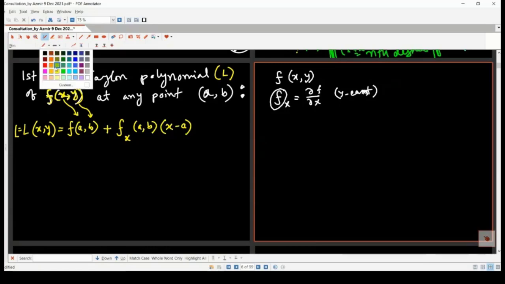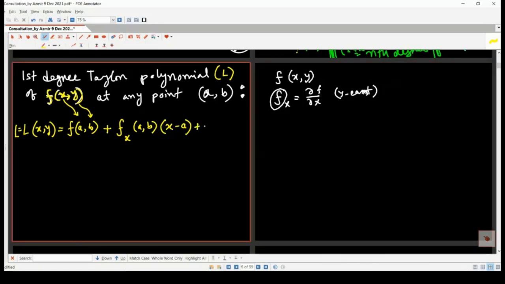Now have a look on the next term. The next term will be f sub y of a comma b times y minus b. This is the formula or Taylor polynomial. For what degree?